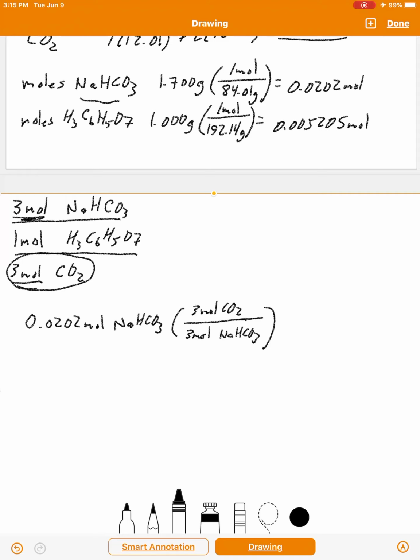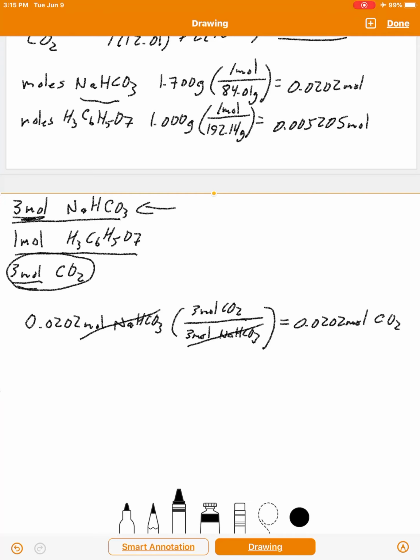Essentially, you get 3 carbon dioxides for every 3 sodium bicarbonates that you put in. Well, we didn't put in 3, we put 0.0202. So I'm going to cancel the units, and we get 0.0202 moles of CO2.